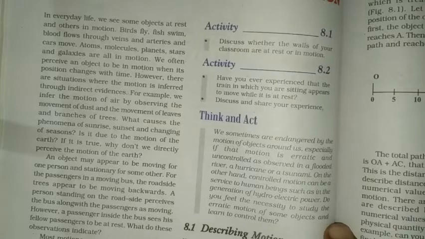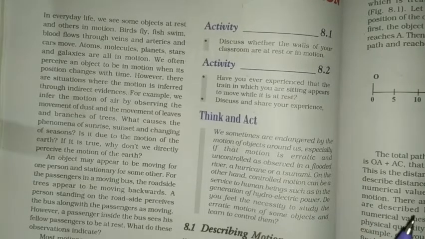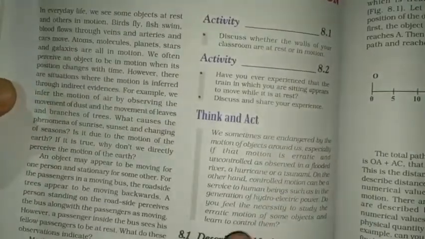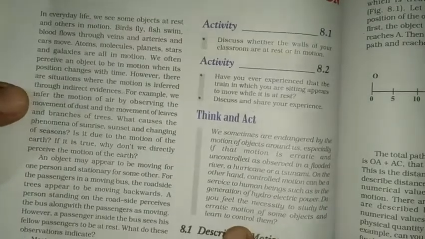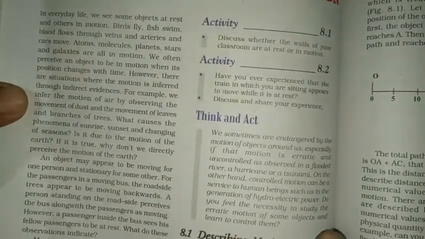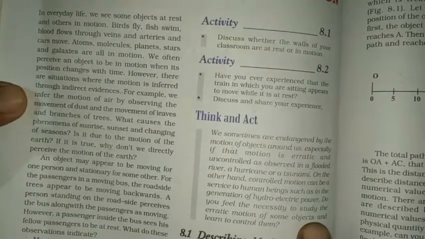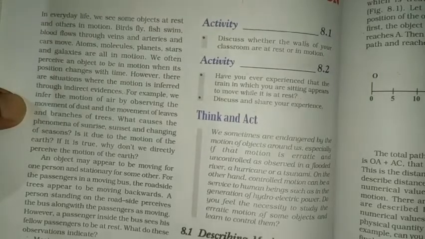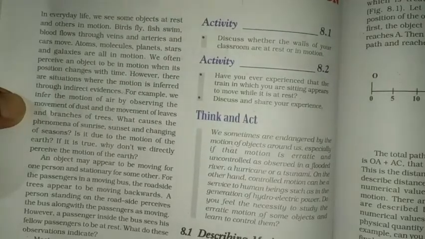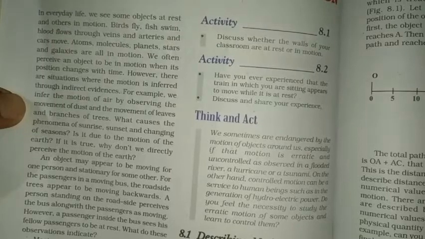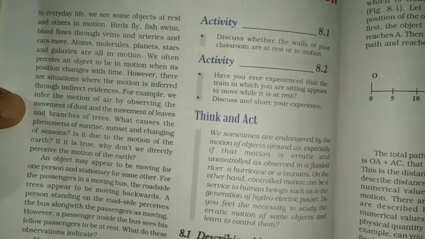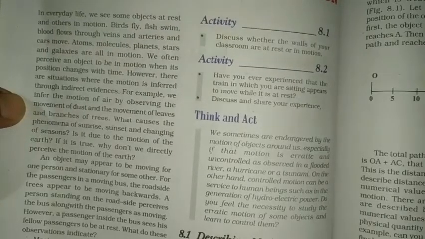On the other hand, if an object does not change its position with respect to time, with respect to a fixed point, then the object is said to be at rest. So we can say that any body in this universe is either in motion or at rest.